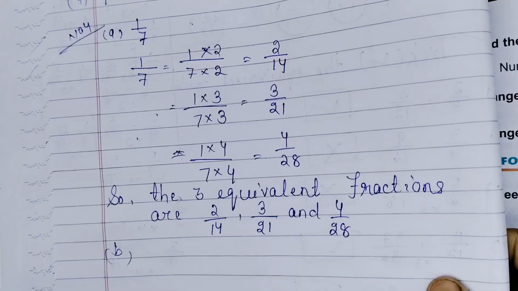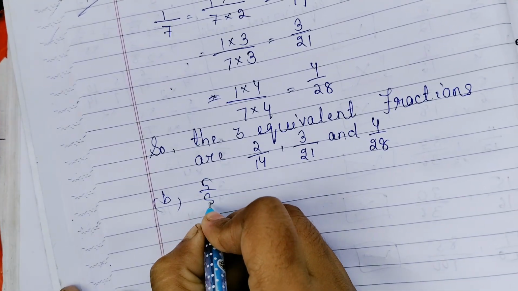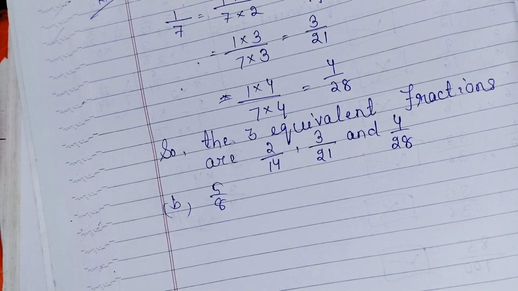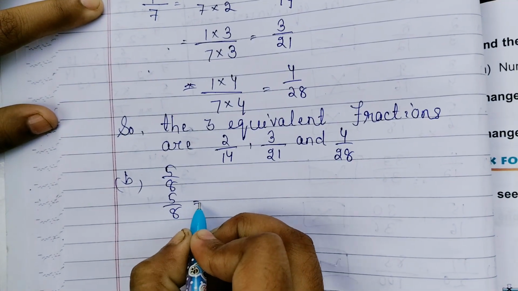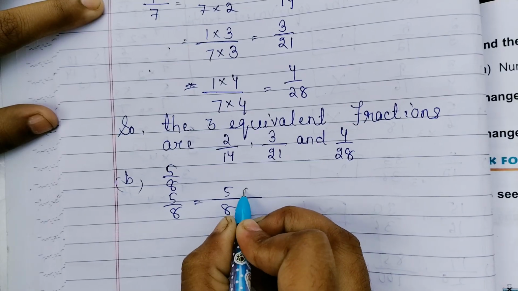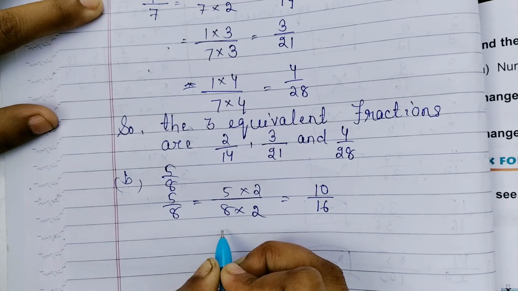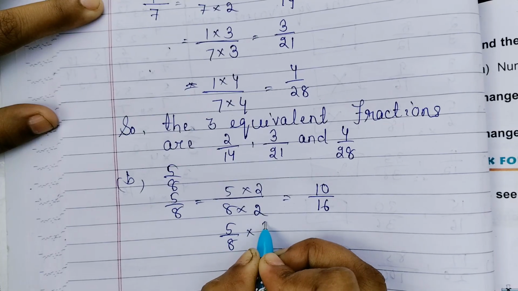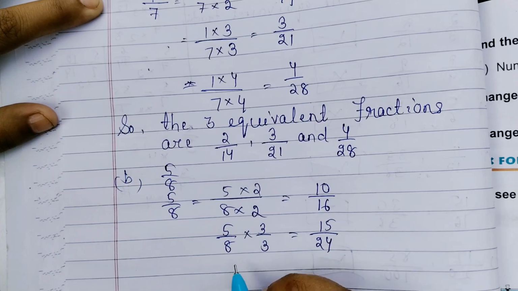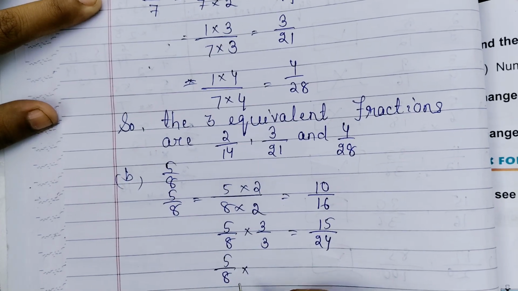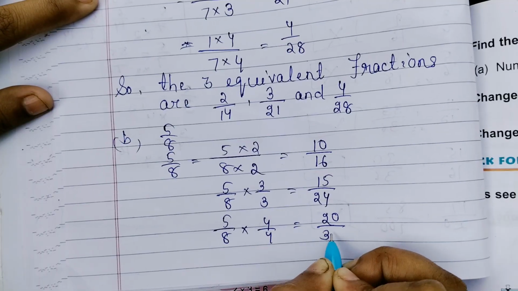Next another point B. 5 by 8. 3 equivalent fractions of 5 by 8. First we multiplied 2. 5 by 8 equal 5 by 8 into 2. 2 times 5 are 10 and 2 times 8 are 16. Then we multiplied 3. 5 by 8 into 3. Then 5 times 3 are 15, 8 times 3 are 24. Then we multiplied 4. 5 times 4 are 20 by 8 times 4 are 32.